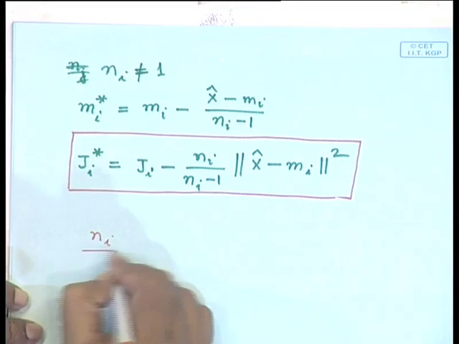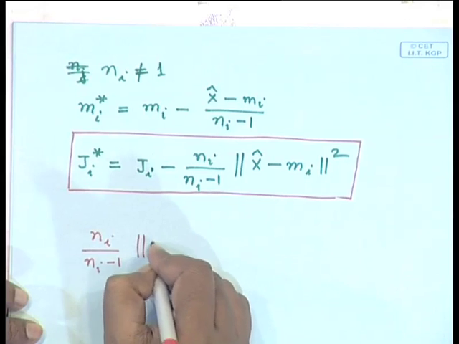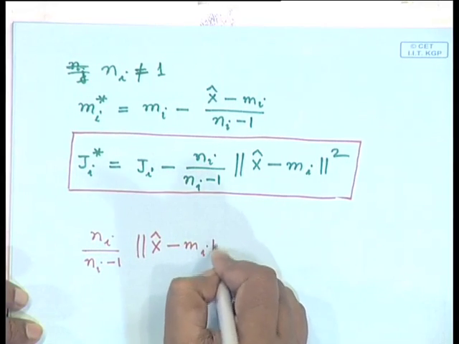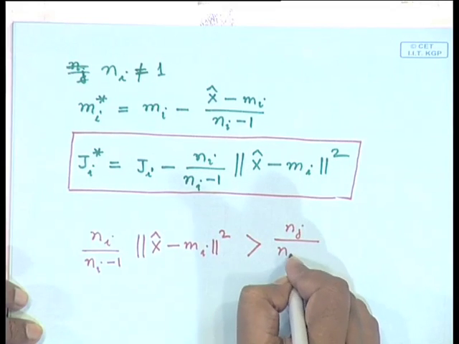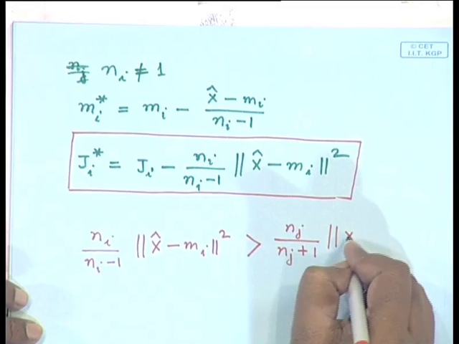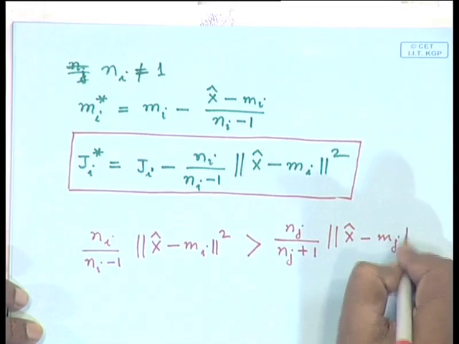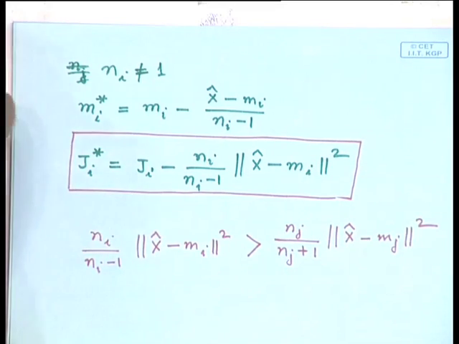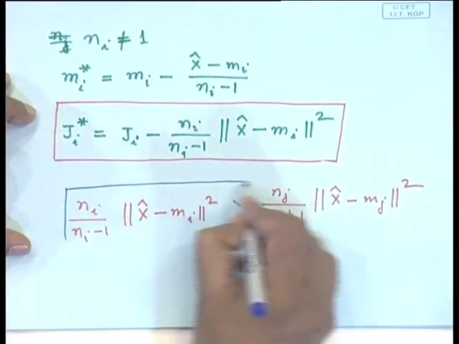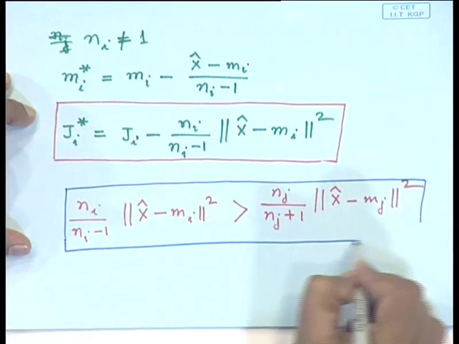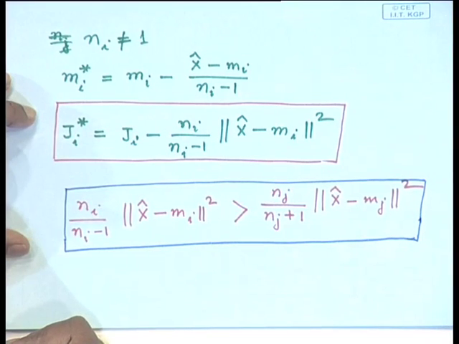So, my condition for transfer will be that n_i upon n_i minus 1 into the squared distance of x hat minus m_i, if this is greater than n_j upon n_j plus 1 into the squared distance of x hat minus m_j, only when this condition is true, then only I can push this x hat from the ith cluster to the jth cluster.